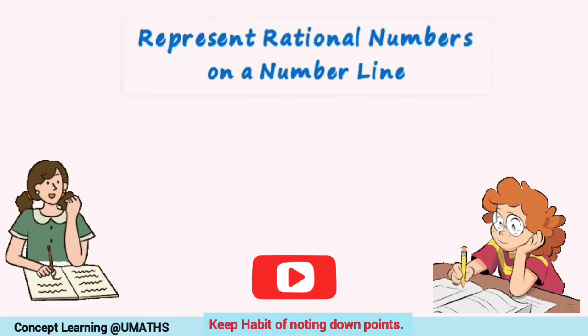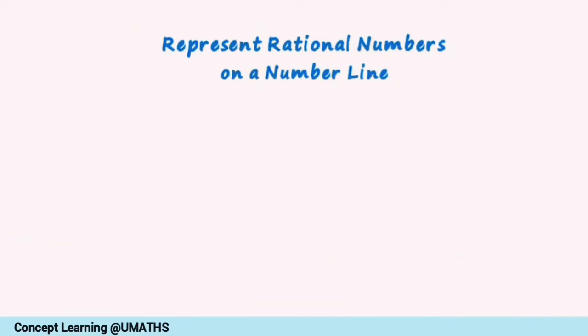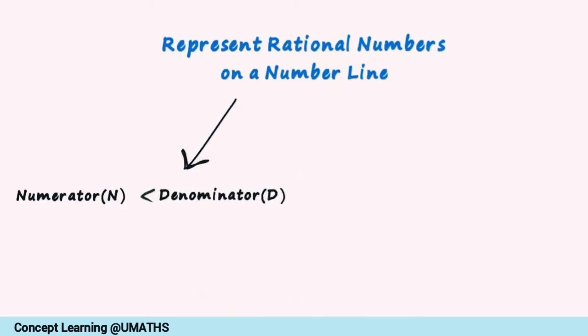To understand better, we will classify examples into two types. One in which numerator is less than denominator and the other in which numerator is greater than the denominator. Note here we are using only numerical values in the place of numerator and denominator.